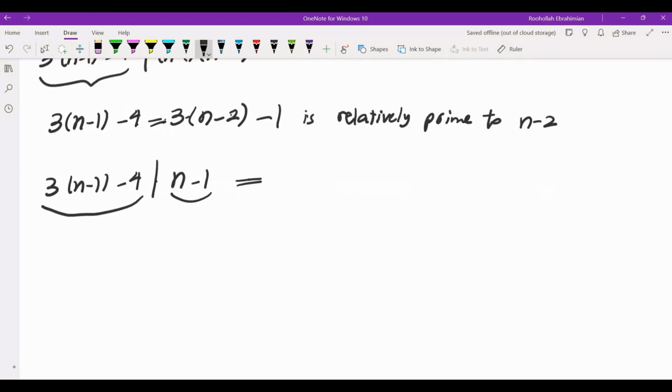So this quantity would have to be one of 1, 2, or 4. Of course, it cannot be a negative number, because the GCD between these two is at most 4.